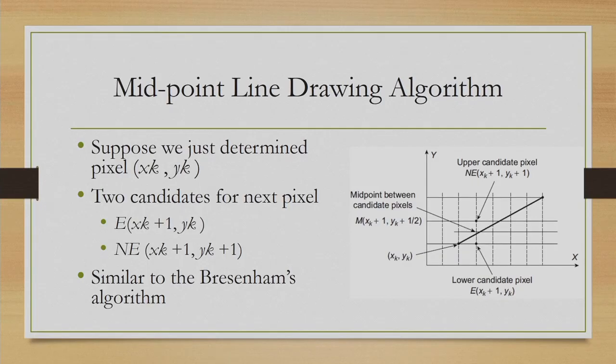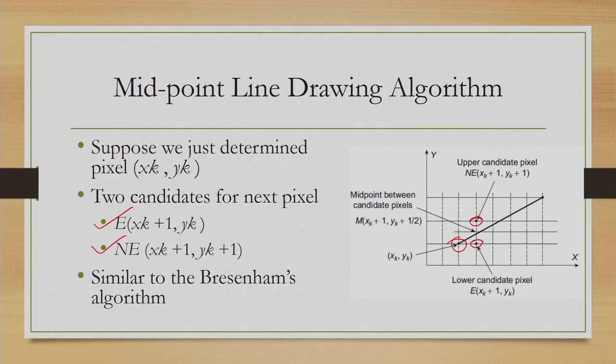So, in the midpoint algorithm, what do we do? Let us assume that we just determined this current pixel here, and for the next pixel we have two candidate pixels, an upper candidate pixel and a lower candidate pixel, given by these two, E and NE. Up to this, it is similar to the Bresenham's line drawing algorithm that we have seen earlier.